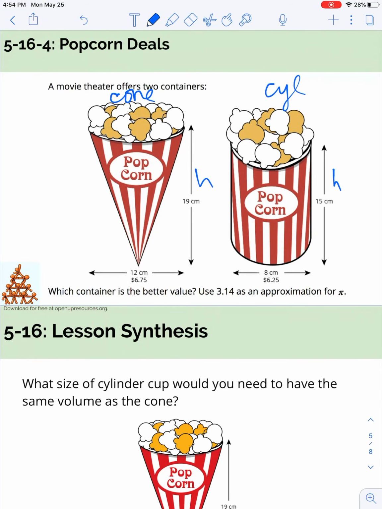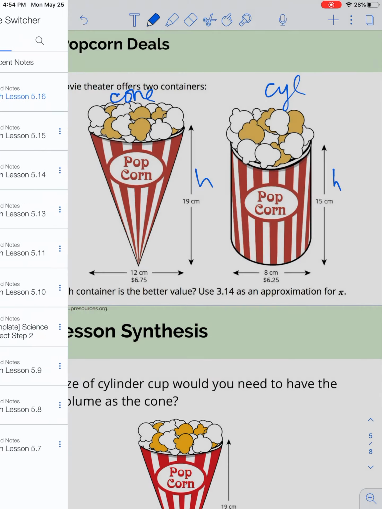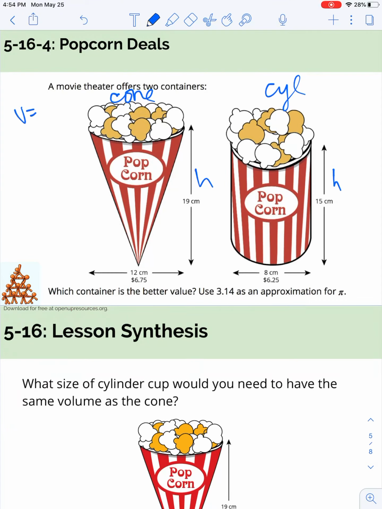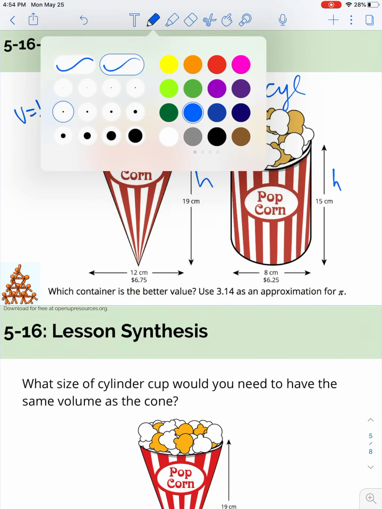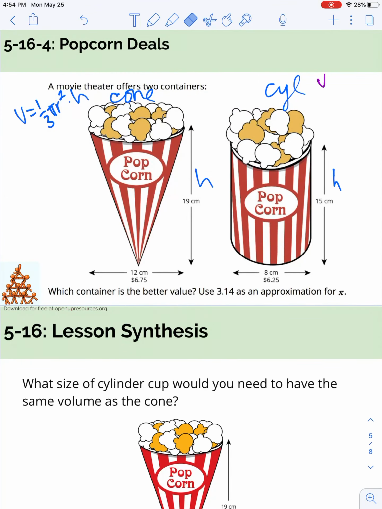So this one's going to be volume equals 1/3 pi r squared times height. This one is just going to be volume equals pi r squared times height. So you just plug in the things that you are given.